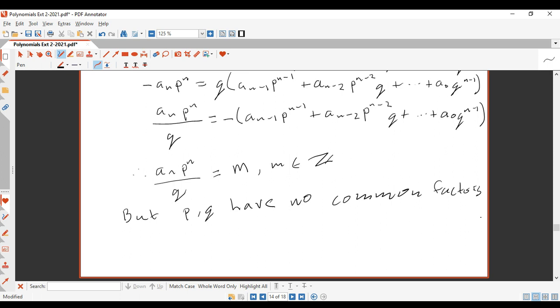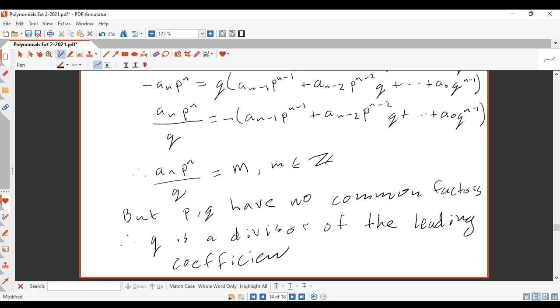Right, so therefore q is a divisor of the leading coefficient a n. a n is the leading coefficient.